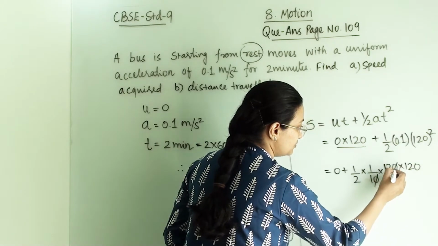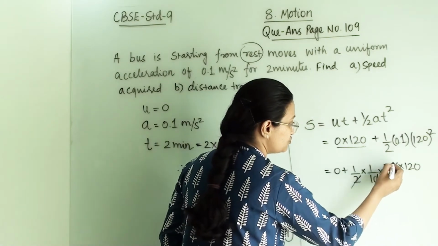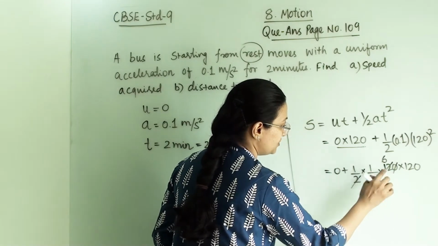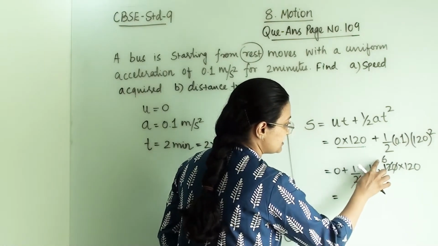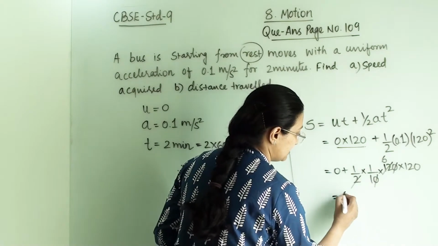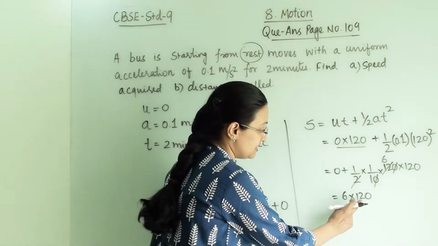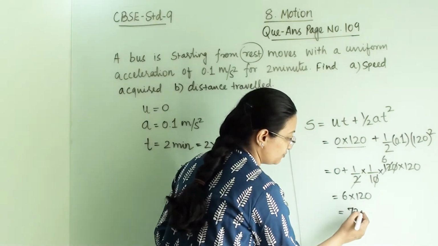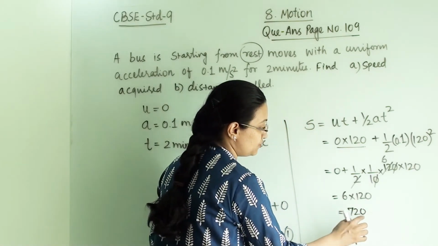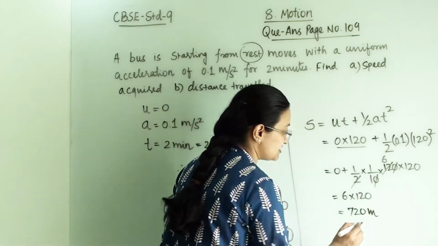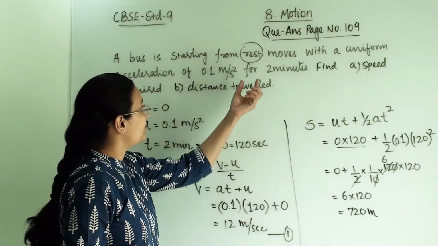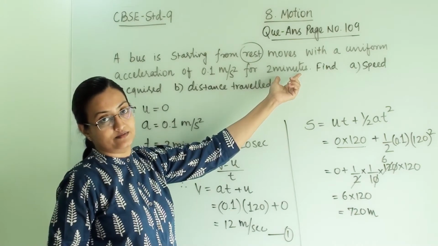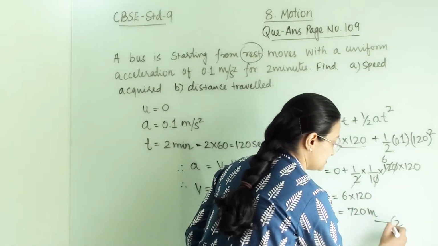So this 0 will cut, this 2 and 6 are 12, so we will get 6 into 120. The answer here is 12 into 6 is 72 and this 0, so 720 meter distance it will travel after 2 minutes or 120 seconds. This is our second answer.